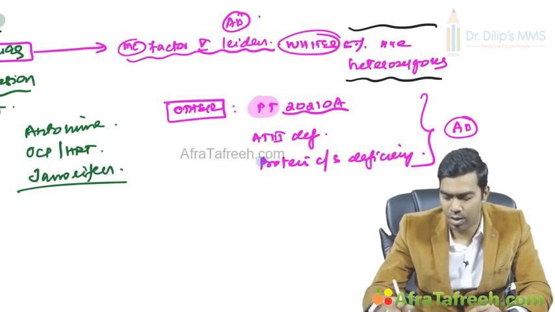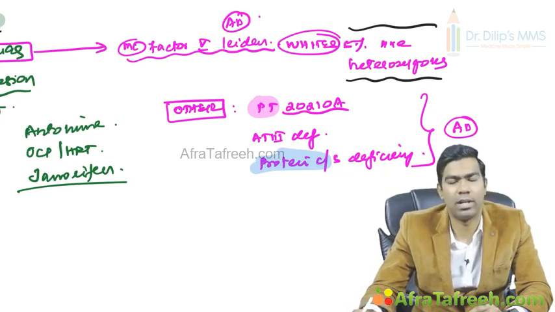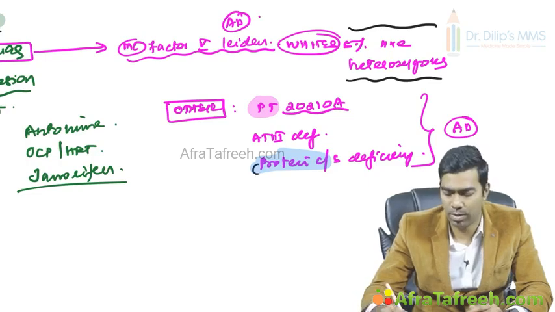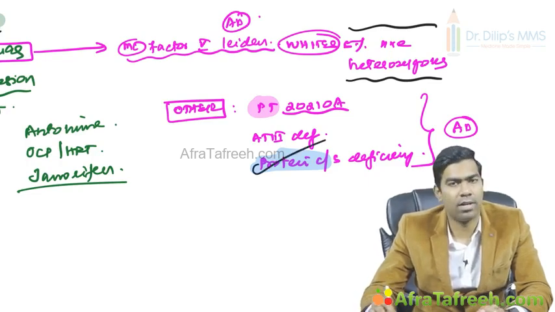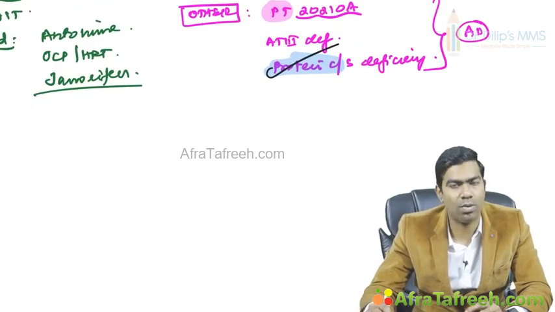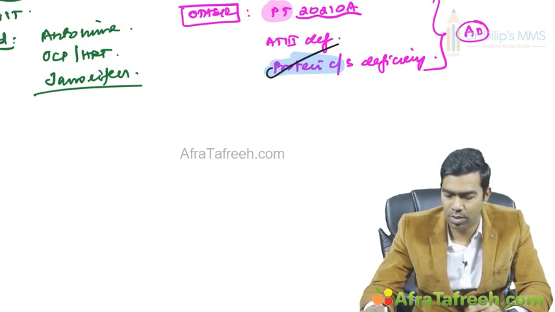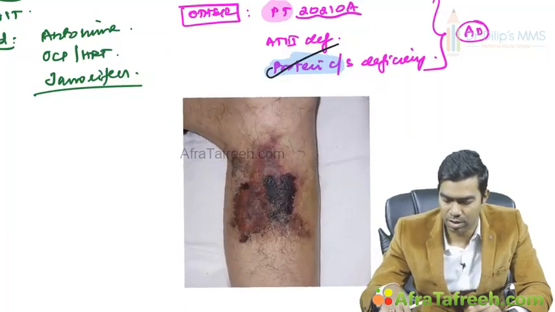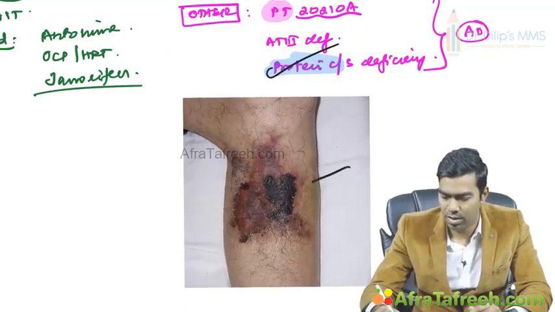In that, I already told you how protein C deficiency would present. Protein C deficiency is going to present like warfarin-induced skin necrosis very commonly. Remember, when you give warfarin and the patient presents with skin necrosis as the next feature, please think about protein C deficiency. The next thing, if they ask you what you want to do, is protein C levels. Let me show you this. This is one characteristic picture of warfarin-induced skin necrosis.